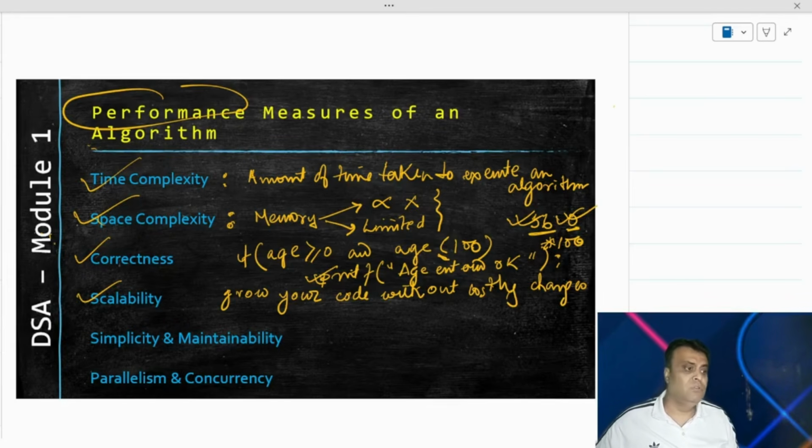Probably what will resonate with you is a factorial program. Say you have created a factorial program by taking the factorial output as an integer. Do you think it is scalable? It will not be scalable, because for a larger number the factorial is a very large number, and it cannot be stored in an int.